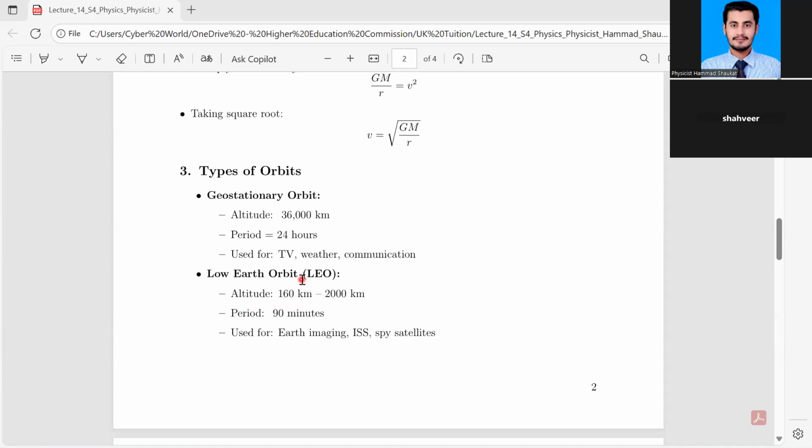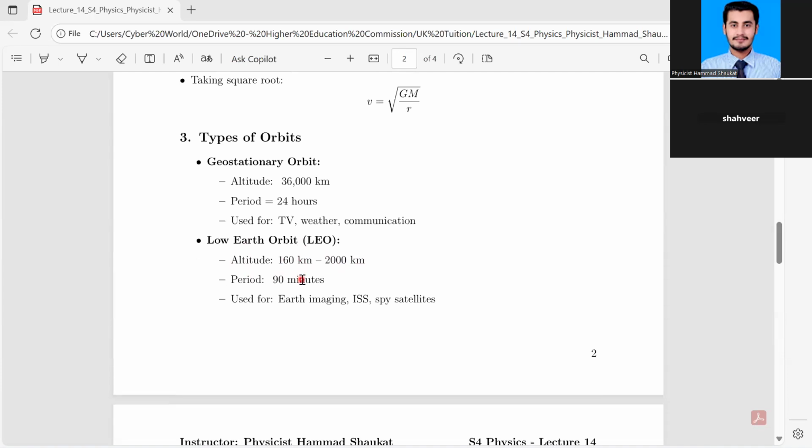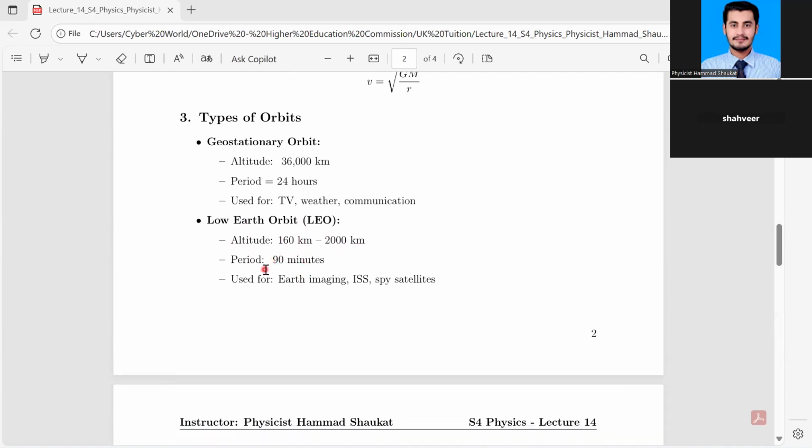And in this scenario, the period is 90 minutes. What does this mean? It means if a satellite is moving in lower Earth orbit, it takes 90 minutes to complete one revolution, or one circle.